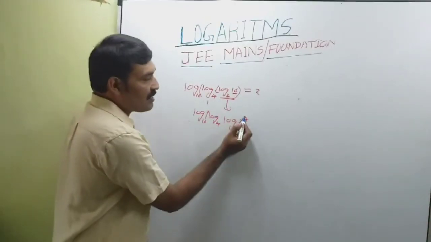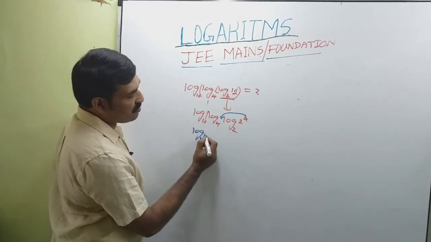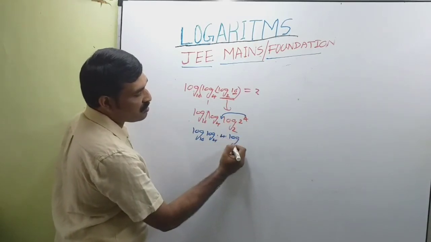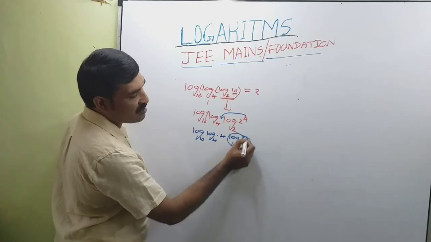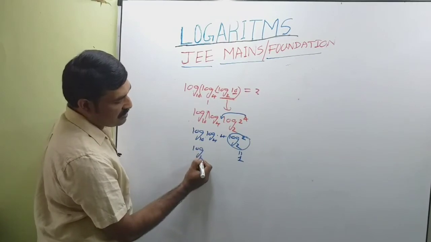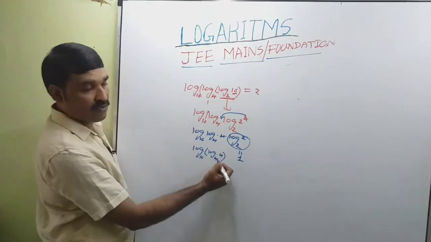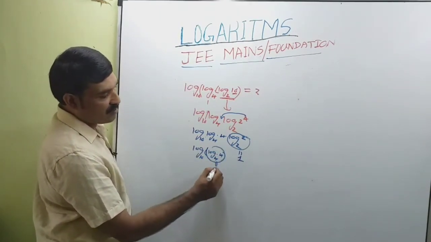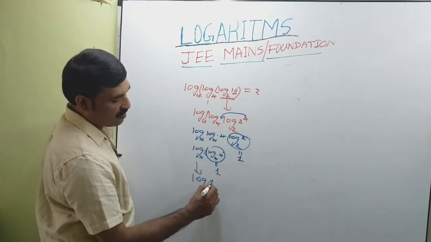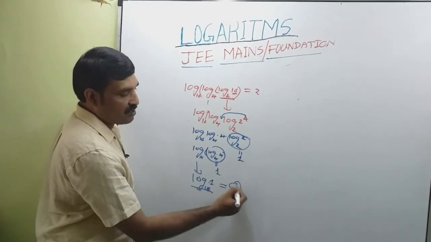Using the property, this 4 will jump here. So we can write log base 16 of log base 4 of 4 into log base 2 of 2. The value of this is 1. Now this becomes log base 16 of log base 4 of 4, and again the value of this is 1. So this becomes log base 16 of 1. Log of 1 to any base is equal to 0. So the answer is 0.